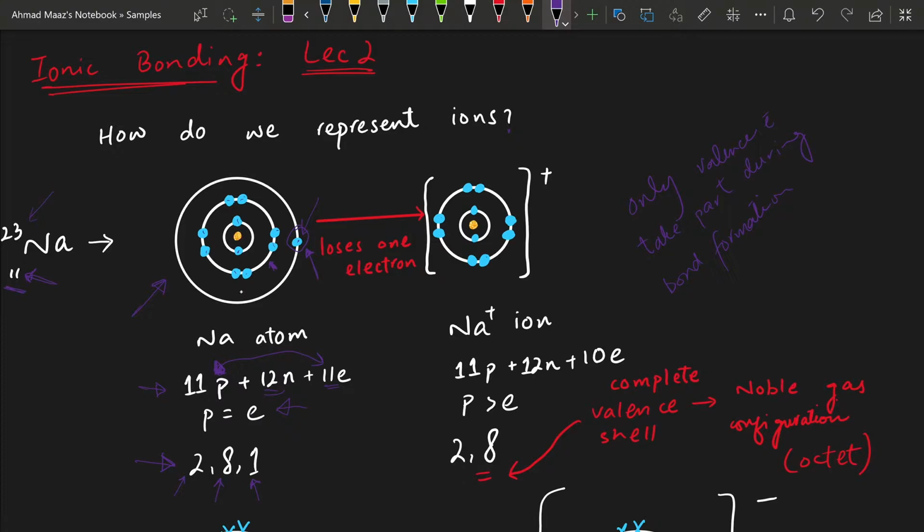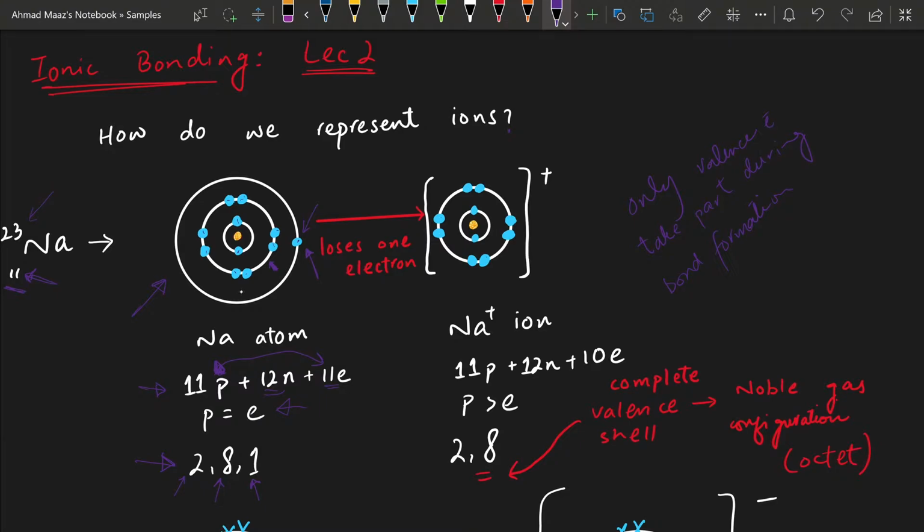It is easier for a sodium atom to lose this 1 electron than to gain 7 more electrons in its valence shell to complete its octet. So sodium will try to get rid of this 1 electron so that its valence shell is complete, so that it can achieve its dream configuration.